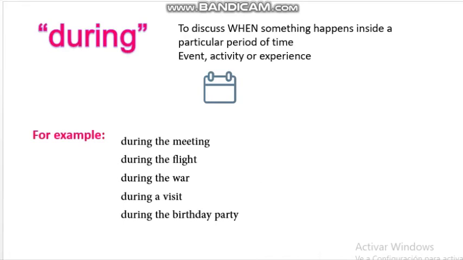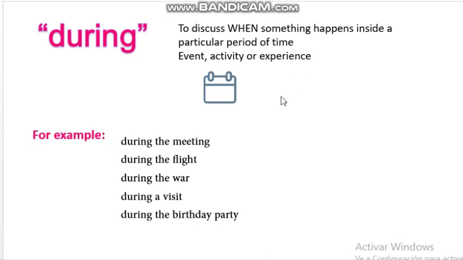Okay, the last one we have is during. This preposition of time is used to discuss when something happens inside a particular period of time. It is expressed as an event, activity, or experience.